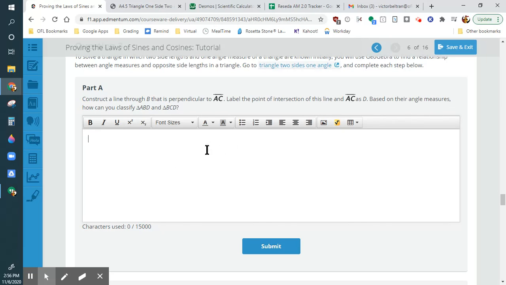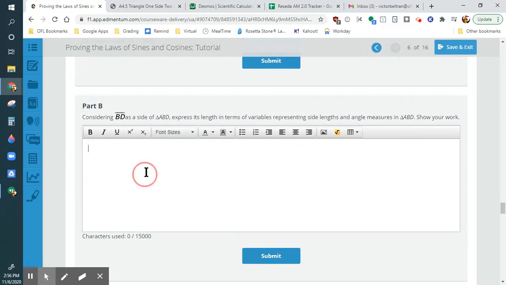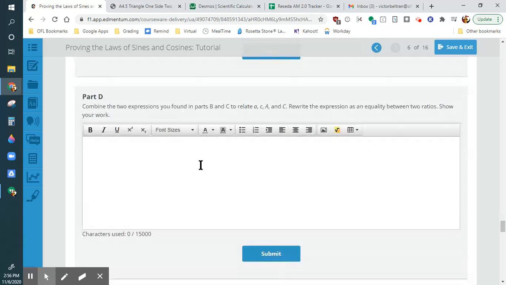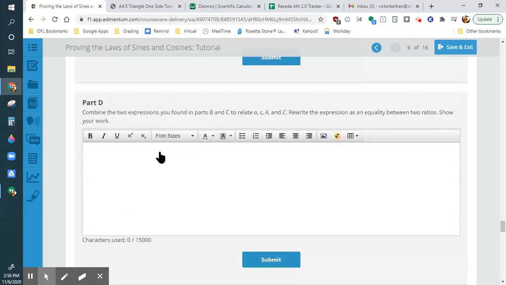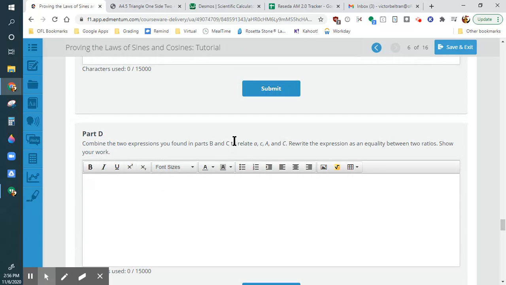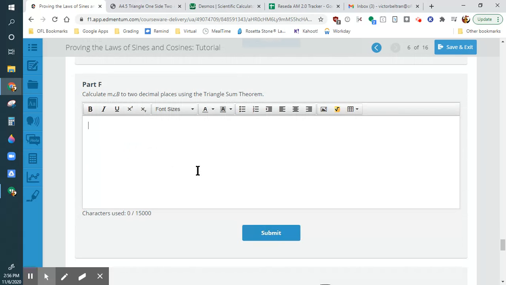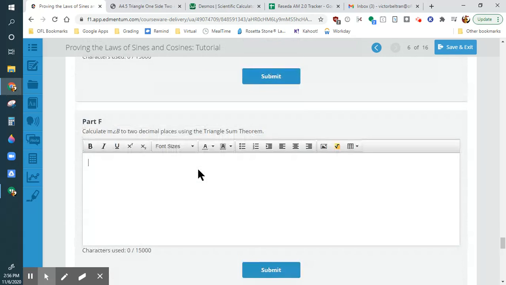Based on the measurements, we're going to say the right triangles. Okay, this is weird. It is literally the same thing. I wonder if this is a typo. Show your work. I wonder if this is a mistake because it looks like all of these are exactly the same. Oh wait, okay.